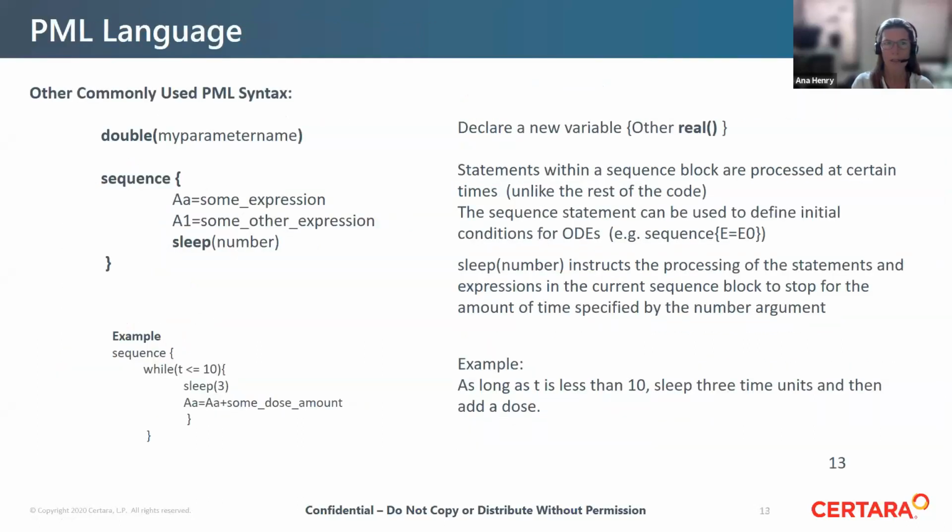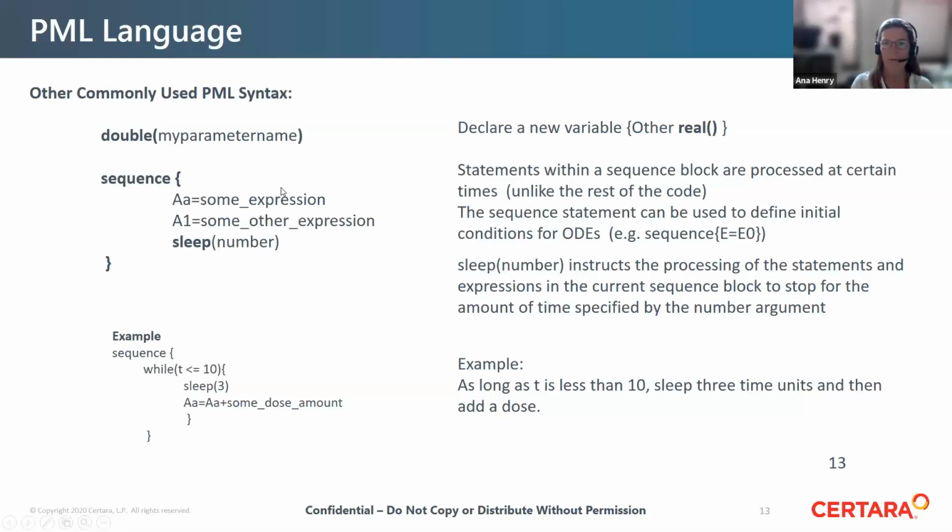All right, other commonly used PML syntax that you might need to identify a new parameter. You can use double. Double is kind of an old statement from Fortran. It just means double precision. You can also use real, and that will allow you to put a new parameter in your code. We have this sequence block. And this is the only place, as I mentioned before, that time does matter. It is processed at certain times, unlike the rest of the code.